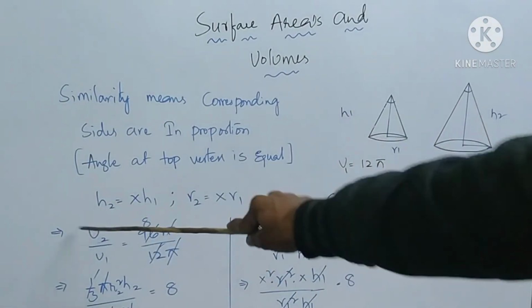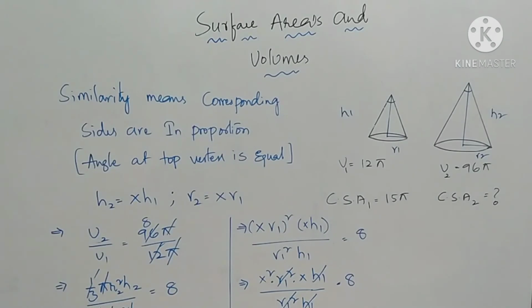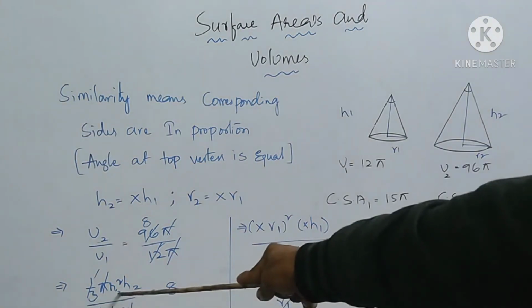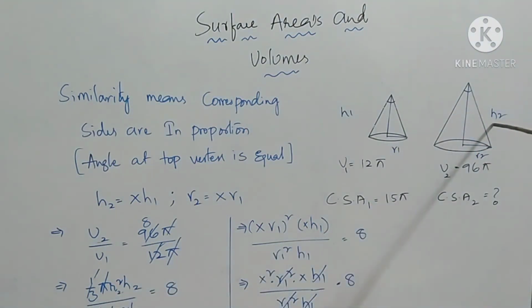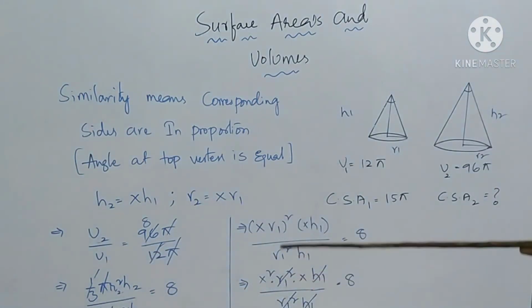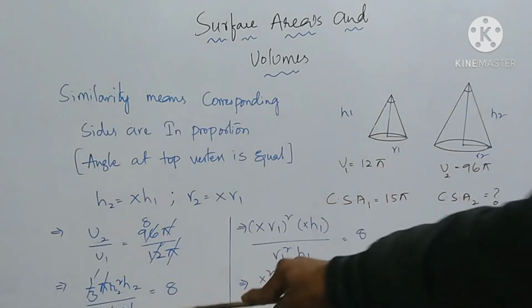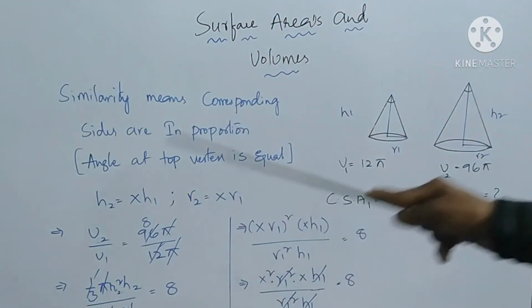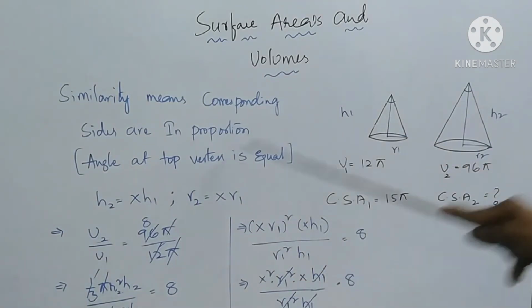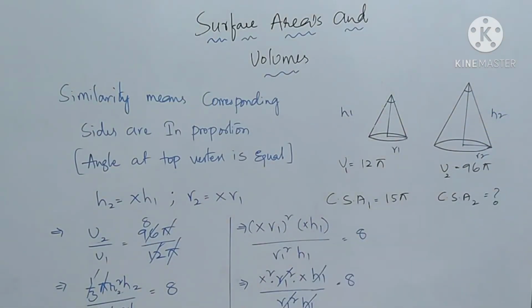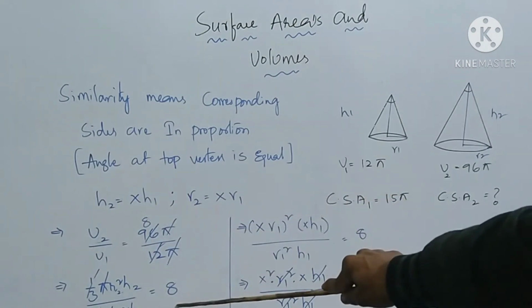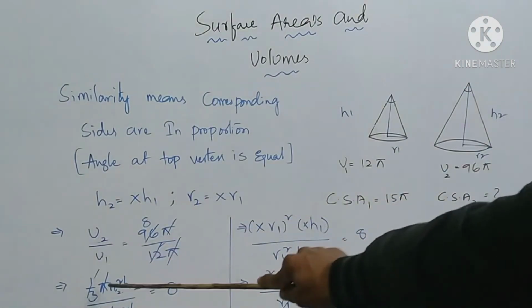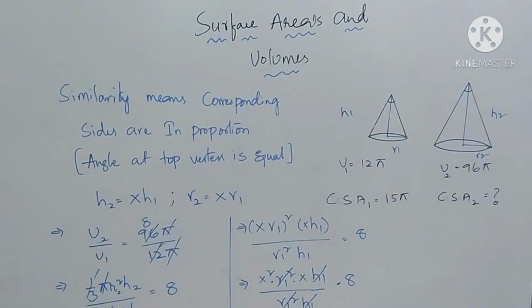The volume of a cone is 1 by 3 pi r square h, so V2 by V1 is 1 by 3 pi R2 square H2 by 1 by 3 pi R1 square H1 equals 8. Pi cancels and 1 by 3 cancels.